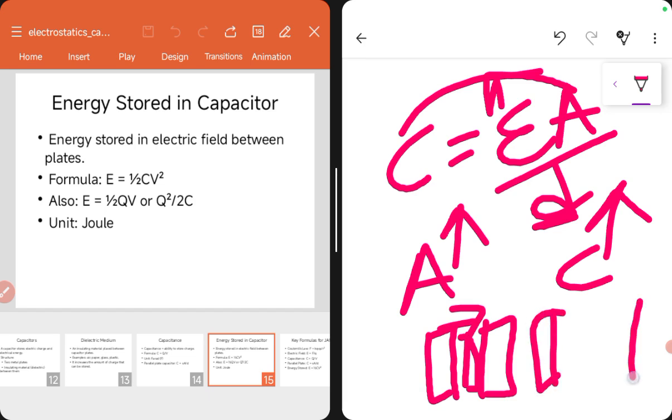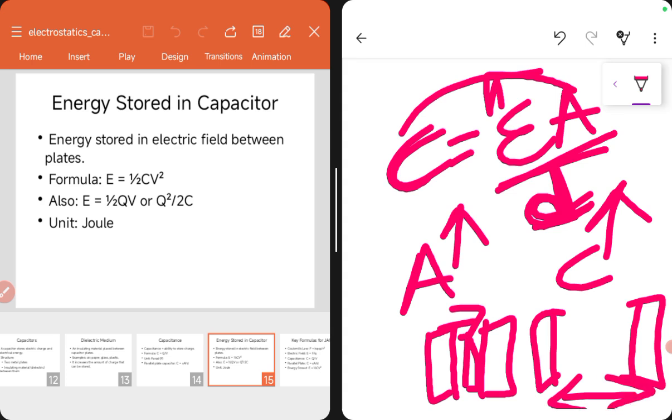But if they are far apart, this is an inverse relationship. The capacitance is inversely proportional to the distance between them. So the more distance, the less capacitance. And also, the more the permittivity of that material, the more the capacitance.